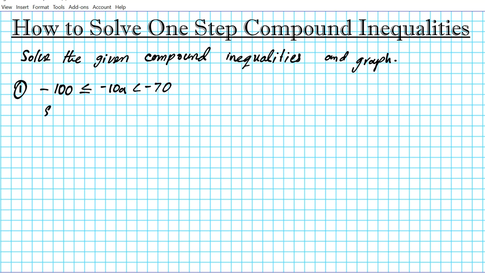All right, so what makes a compound inequality? Well, a compound inequality is a combination of two inequalities. There are two types of compound inequalities: a conjunction and a disjunction.